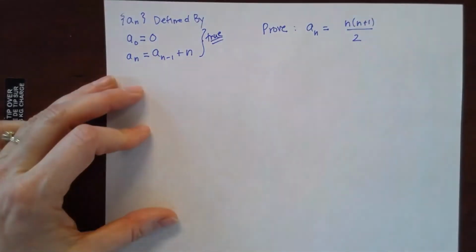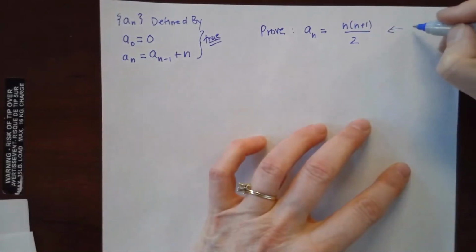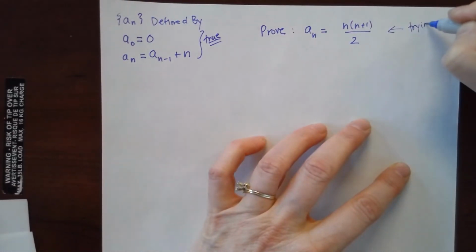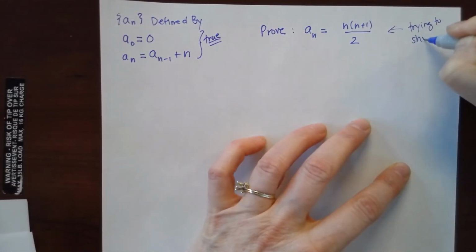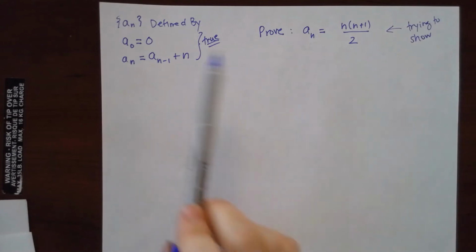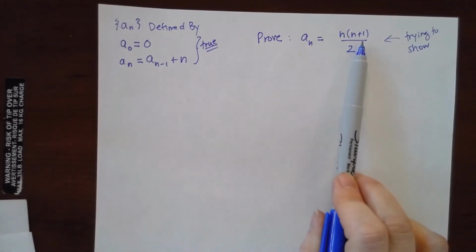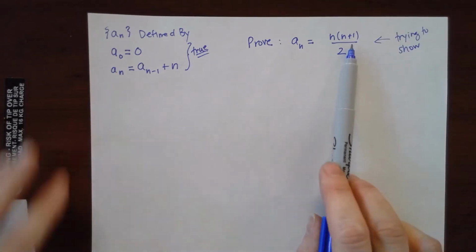This is truth. This is what we're trying to prove. I don't know if that's true or not. That's my goal, so I can't just say it's true, but this stuff I can use as true.